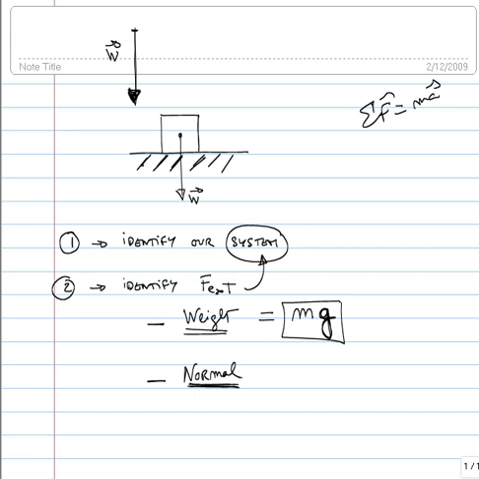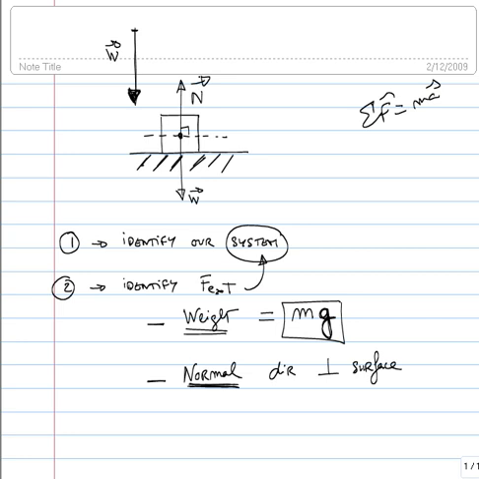Instead, what you should remember about the normal force is that its direction is always perpendicular to the surface on which your system is lying. In this particular case, my surface is horizontal, therefore my normal force is perpendicular to it. That's all I know about my normal force in general.